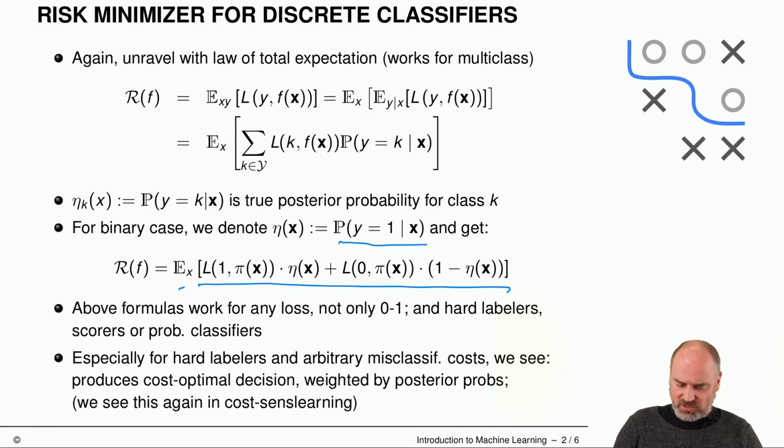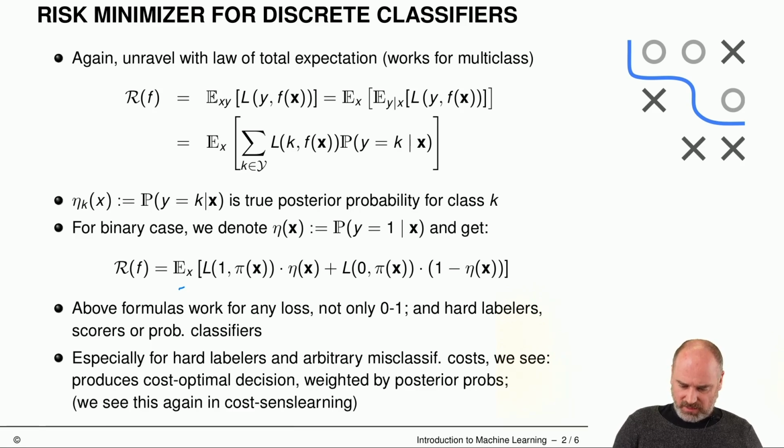So I'm using eta of x, maybe eta k of x, where eta k of x would be the posterior probability that y takes the value k conditionally on being at x. In the binary case, I only need one eta, because that's just the probability of y being positive and then the counter probability.